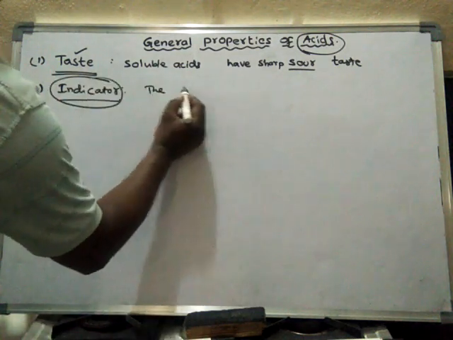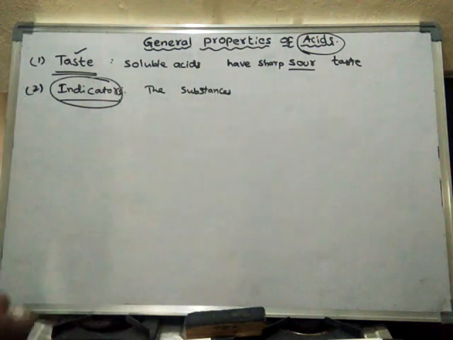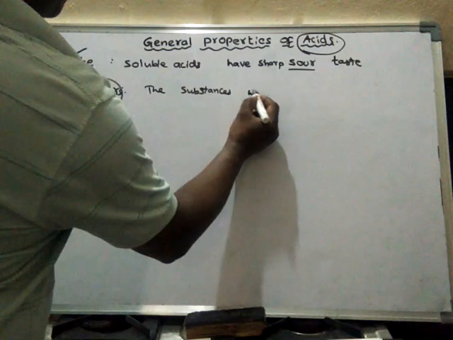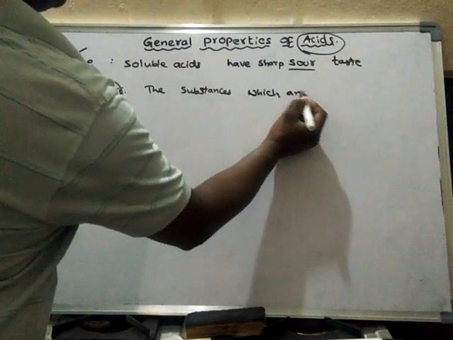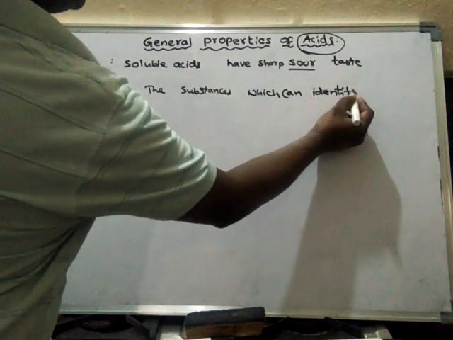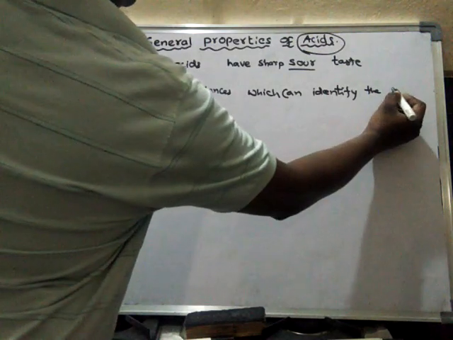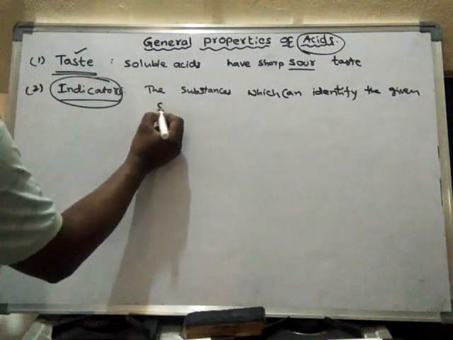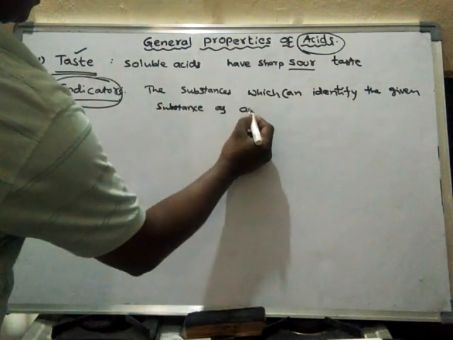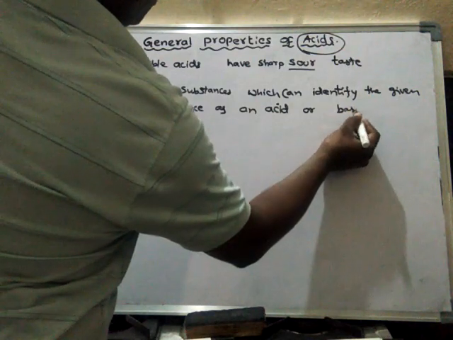Indicators are the substances which can identify the given substance as an acid or base.